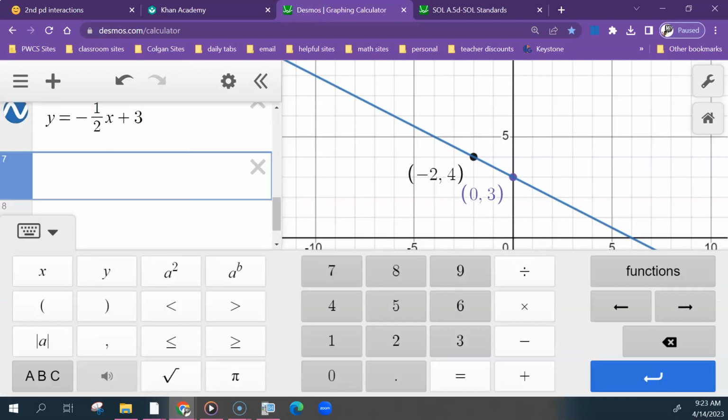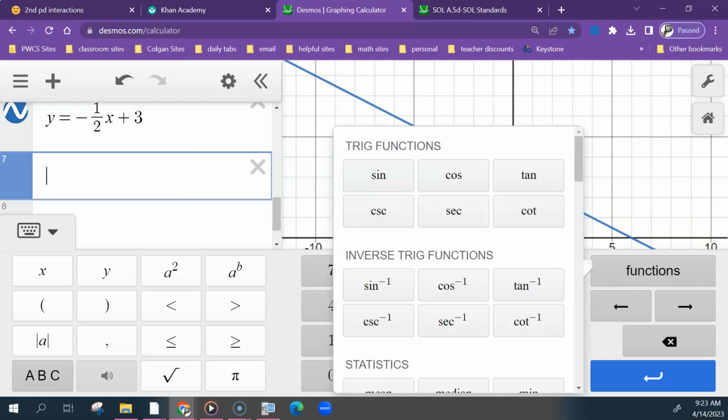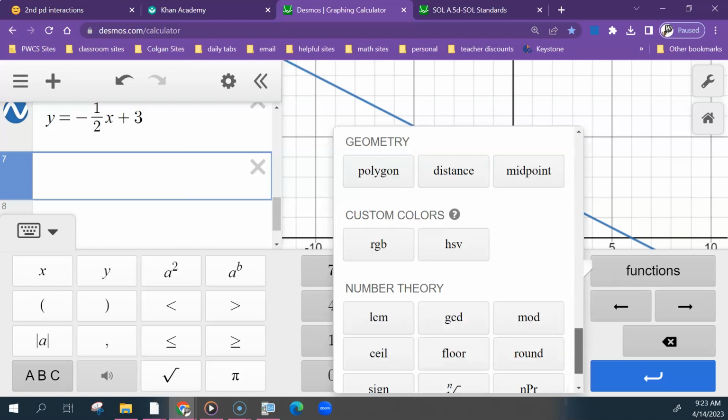In Desmos, there's a feature to help you find GCFs faster. So while you need to know them for the test we take for SOL, this is good to know.